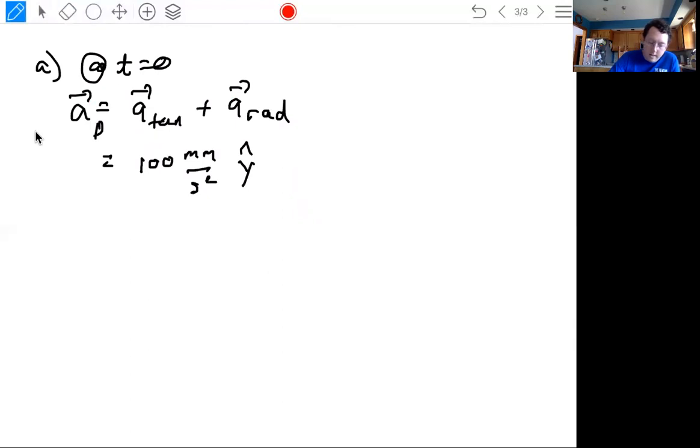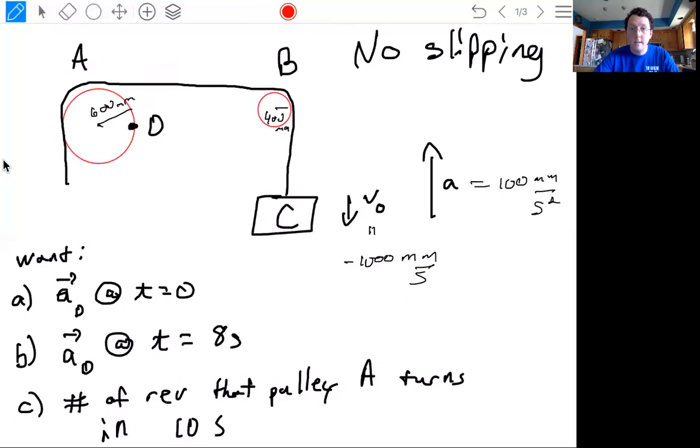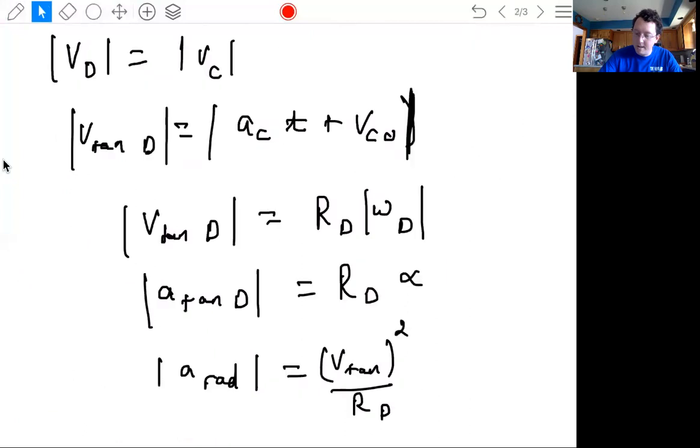And then I'm going to get minus, and then I have the initial speed is 1,000 millimeters per second. Hold on, did I get the wrong numbers? Let me make sure I wrote the right number on the problem. Yes, that's right. The initial speed was, in fact, 1,000 millimeters a second. So that was okay. Had a moment of panic there. All right.